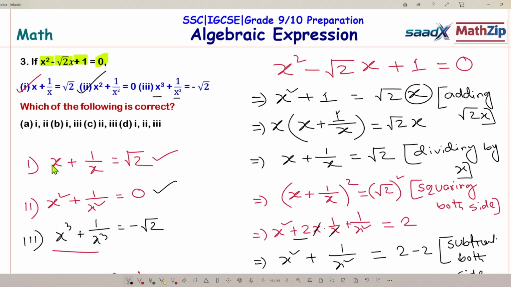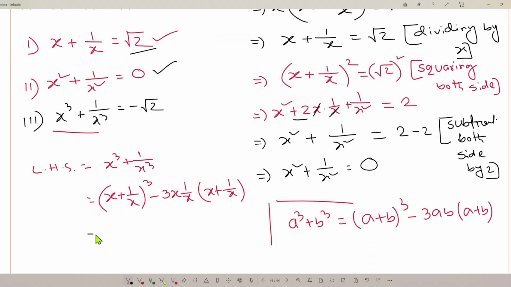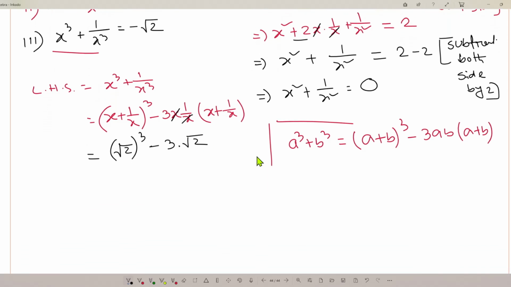In the first question, x plus 1 by x equals root 2, right? So we can write root 2 here, because here is x plus 1 by x and here is the cube. This x and x divide, so it will be only 3 times x plus 1 by x, which is root 2. Now look, what is the value of root 2 cube?